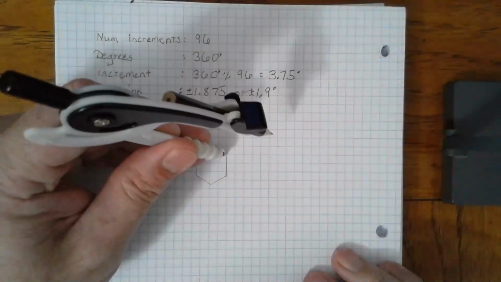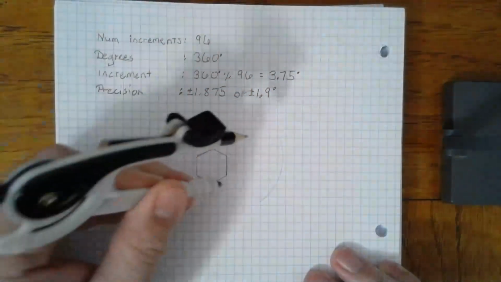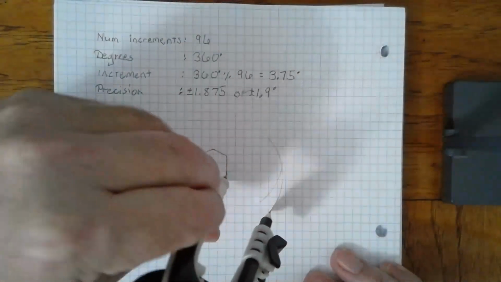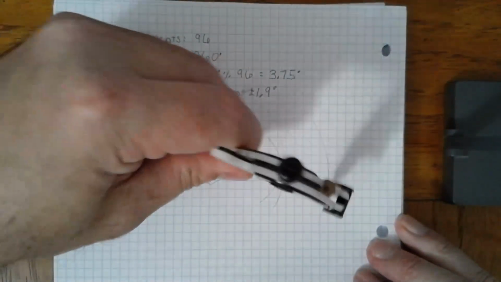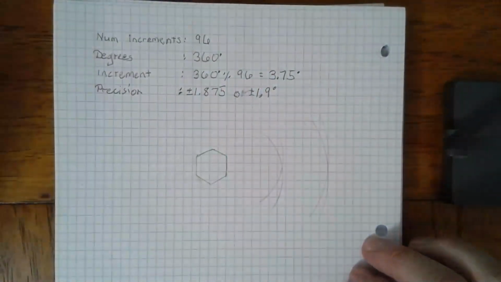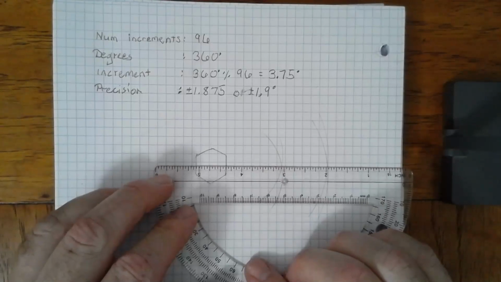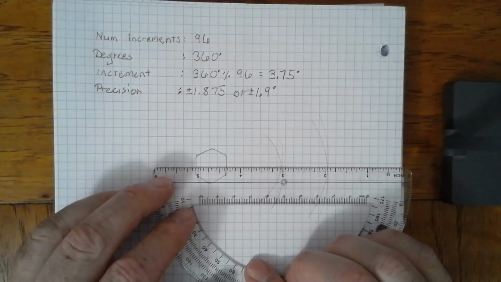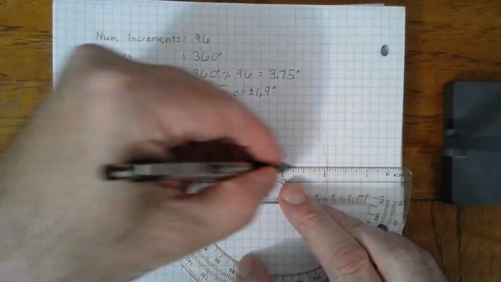So what I did was I lined up the compass on each end to create an arc, and then lined up the compass at the other point to create another arc, and then increase the distance, draw another arc, increase the distance, draw another arc, then take a protractor, line up the cross points, to draw the perpendicular, and that's the bisector.